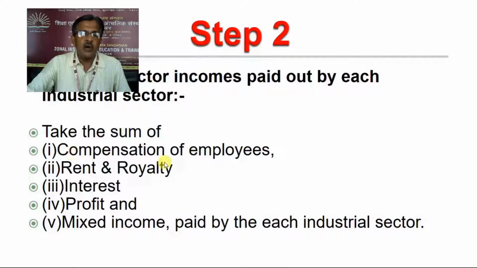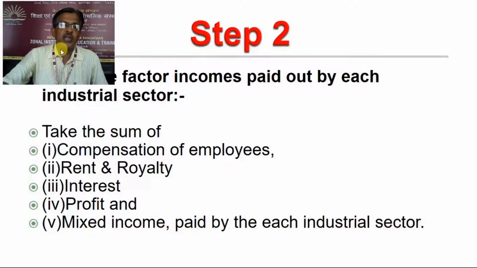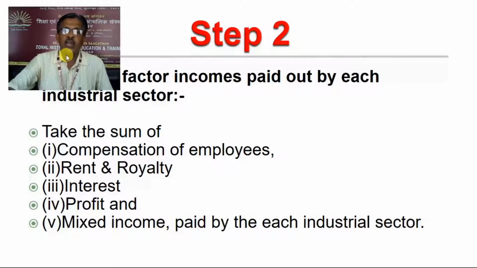Take the sum of compensation of employees, rent and royalty, interest, and profit. So this rent and royalty, interest and profit are income from property and entrepreneurship, that is operating surplus. Then the third component was mixed income of the self-employed persons, so mixed income paid by each industrial sector. All these are to be taken to get the net domestic product at factor cost.